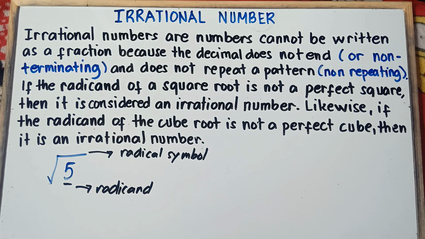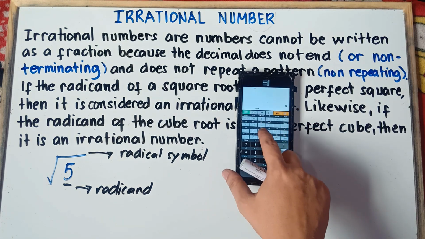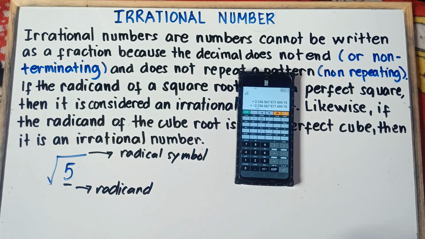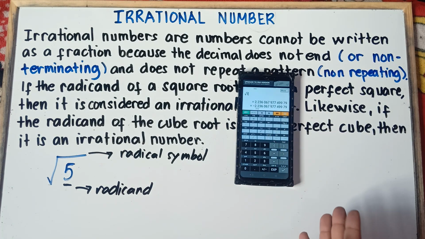Because if you use your calculator to get the value of square root of 5, the answer is 2.236067977499979. The number is infinite. After 79, there's still another number, and we cannot see that on the calculator because the number will not end. It is non-terminating. That's why we call the square root of 5 an irrational number.